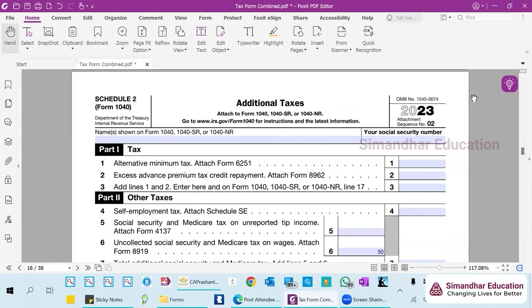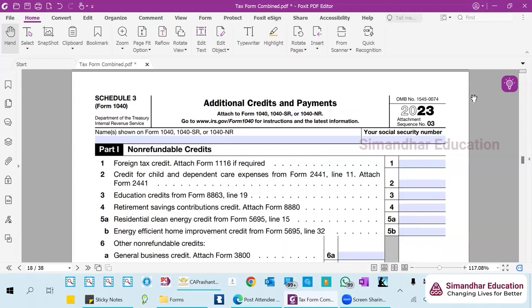Schedule 3, additional credits and payments.